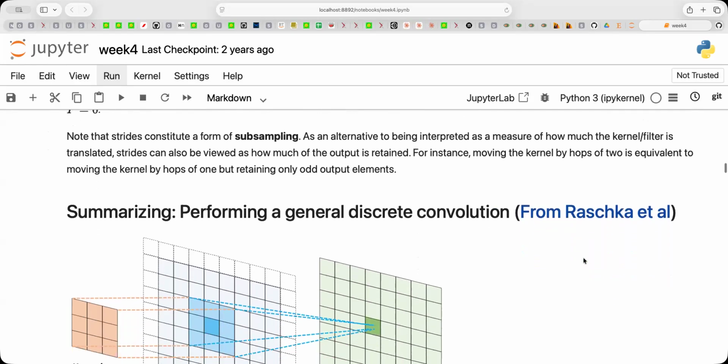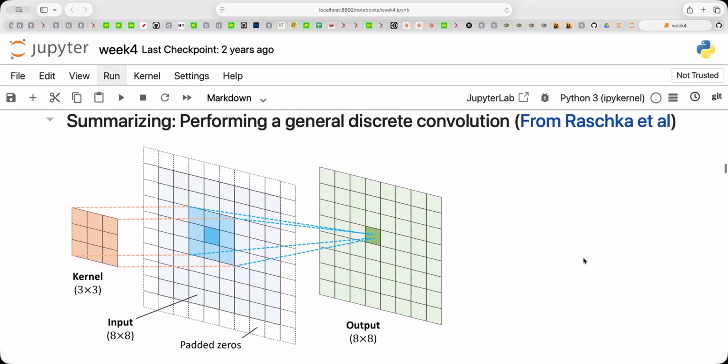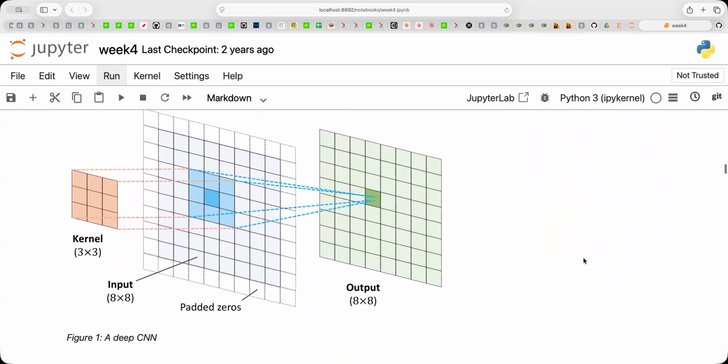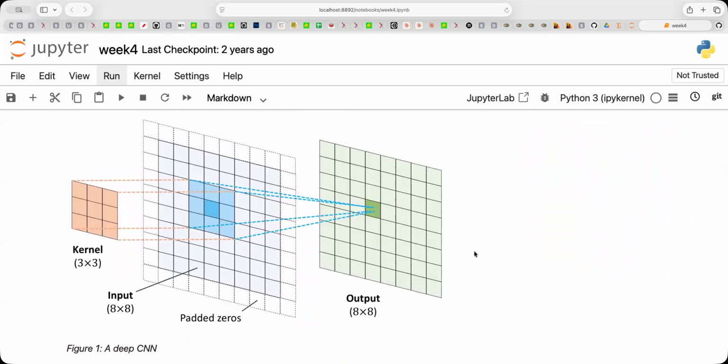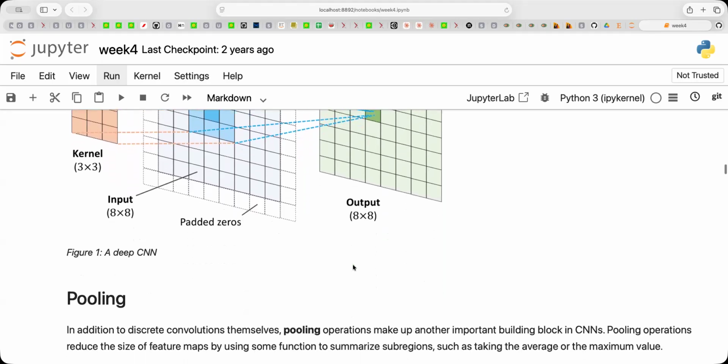A typical example of what you end up doing with these filters is that you extract a small region of your original image, and then you can scale it down. You have a kernel of 3x3, and then you end up with an output here, which could be an 8x8, depending on what your input data look like.